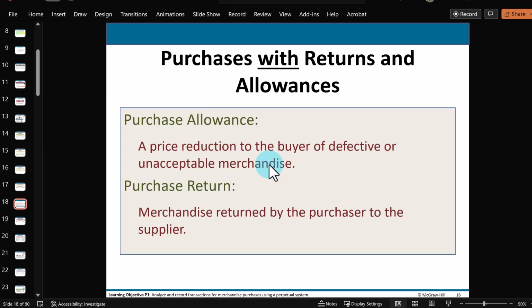What we're going to do is reduce the price for you, here called a purchase allowance from the viewpoint of the purchaser. And we'll see sales allowance in our next video. Or we're going to return the merchandise, ship it back to the seller. In either case, we're going to reduce the amount we owe, reduce the accounts payable, and also possibly reduce the cost of the merchandise.